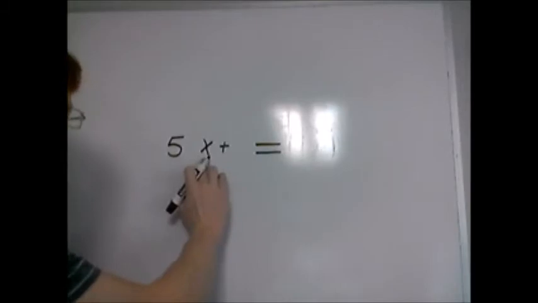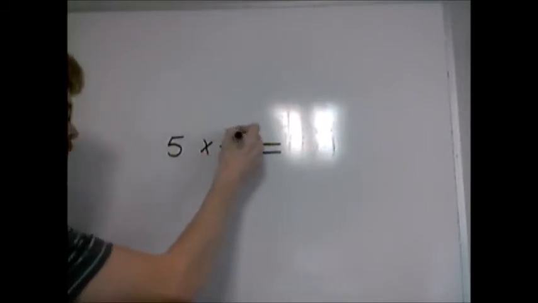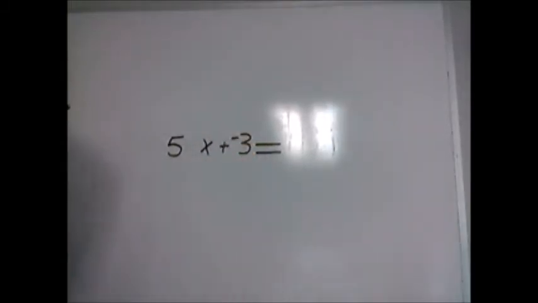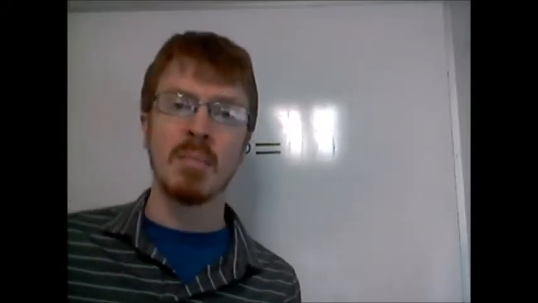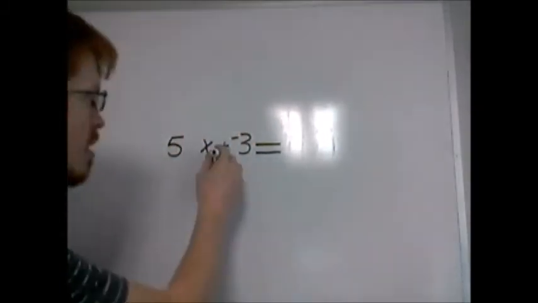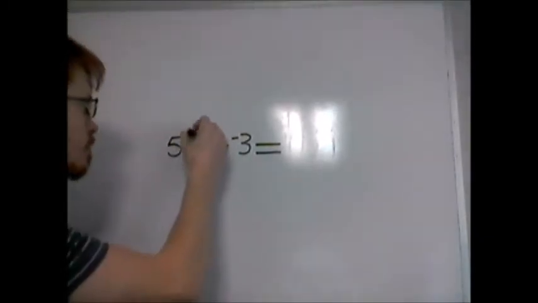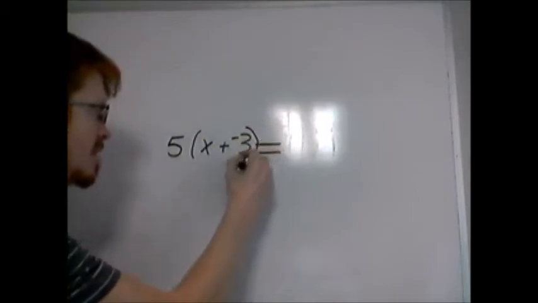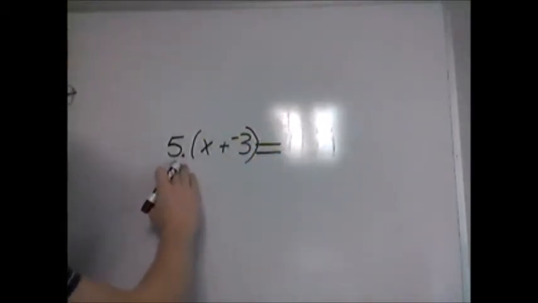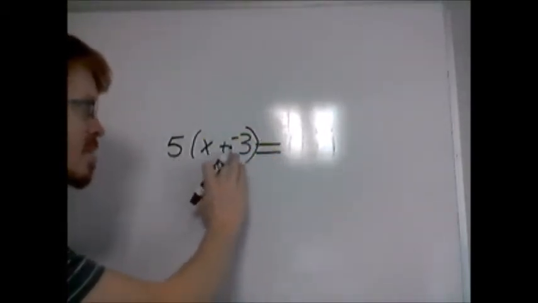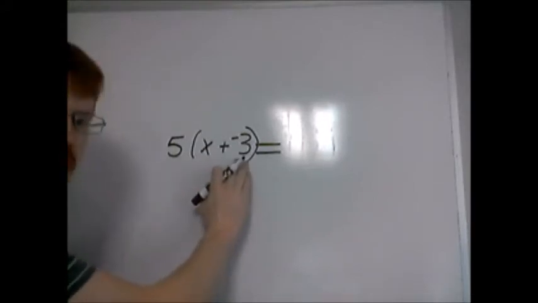So that number and -3. Now, it does say 5 times the sum. Well, what do you have to do in order to make sure you get the sum of the number to multiply it by 5? You put that in parentheses. So the first half of our statement here is 5 times the sum of x and -3.